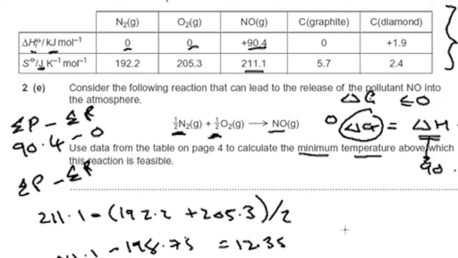So what we've got here, delta G is 0, equal to 90.4 times 1,000. So that'll be 90,400 minus T. I'll put into brackets here 12.35.